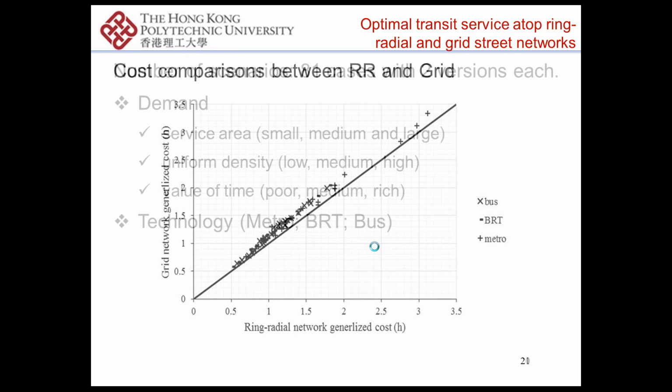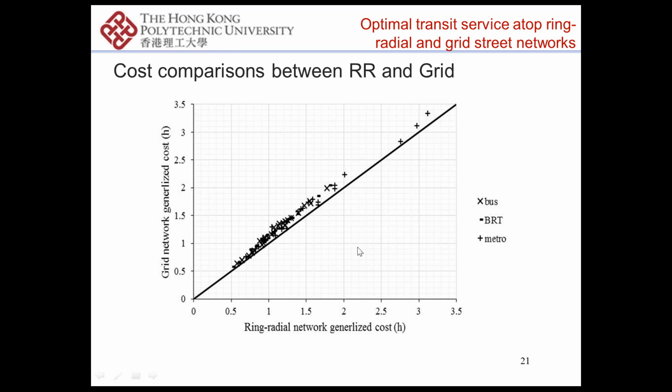So here's what we find. We first optimize all these 81 cases for the two network types, and we compare the optimal costs between these two network types for each case. Here we assume that the city size will be the same for each case.